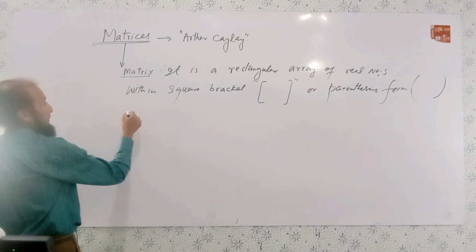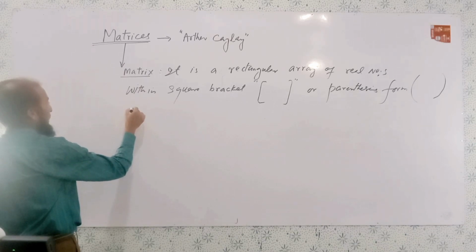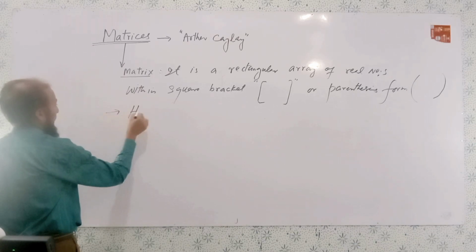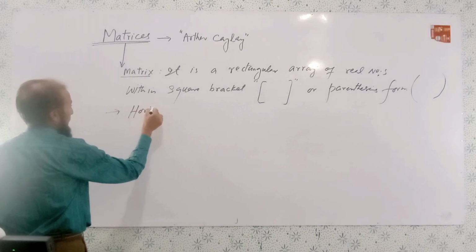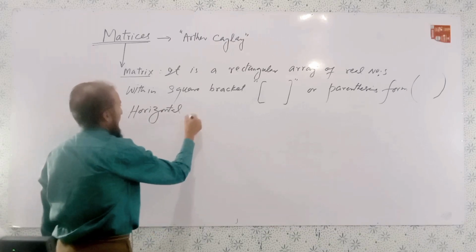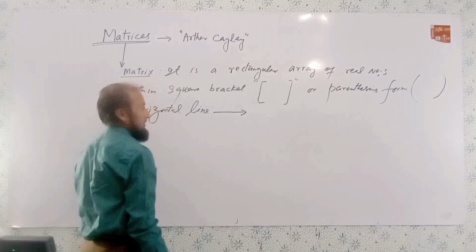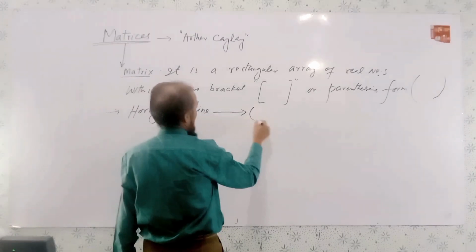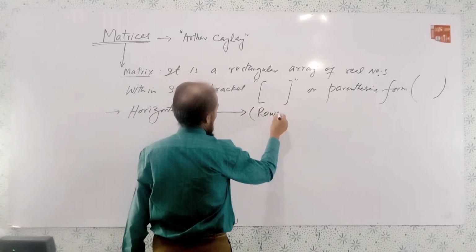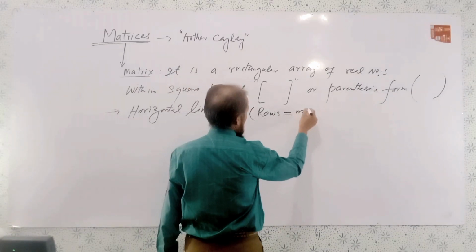We can write the real numbers in the form of a horizontal line, which represents rows.